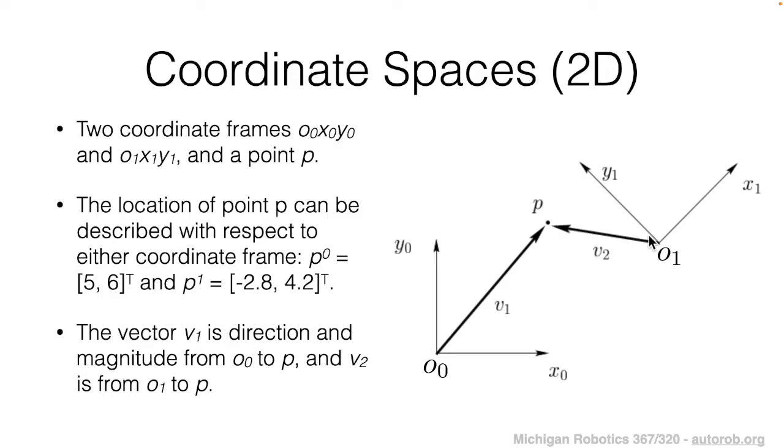The thing to remember is that these points exist in a global space, but can be defined with respect to local frames of reference. So in this case, the two vectors representing point P will be different depending on the local coordinate frame's origin.